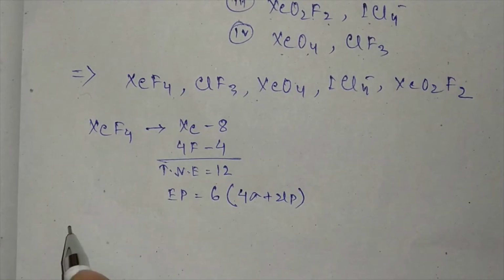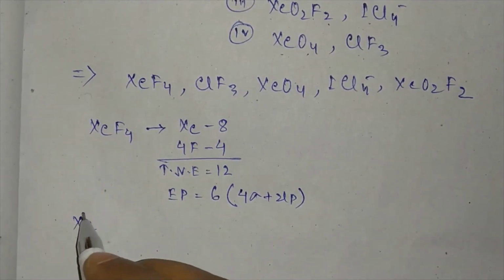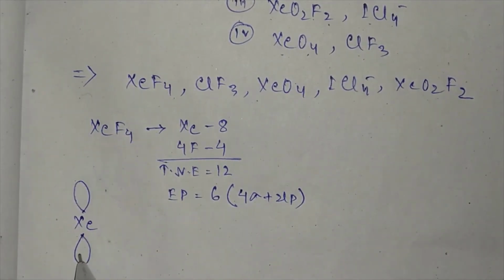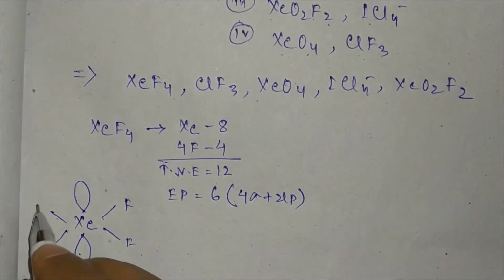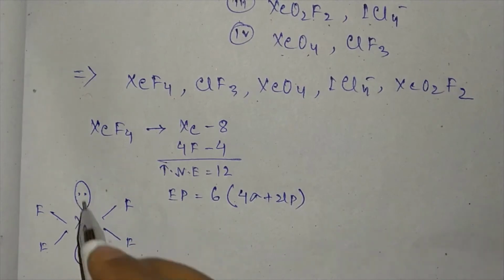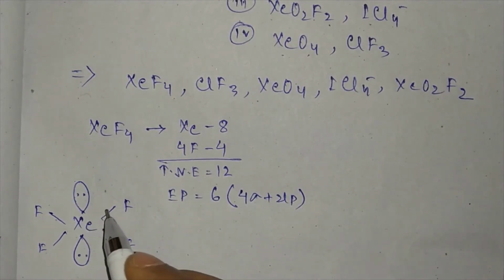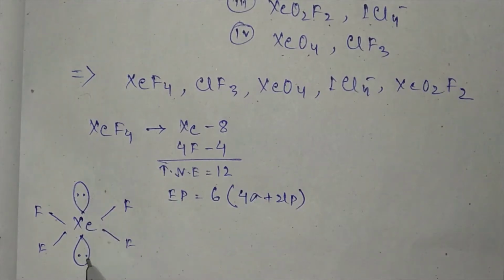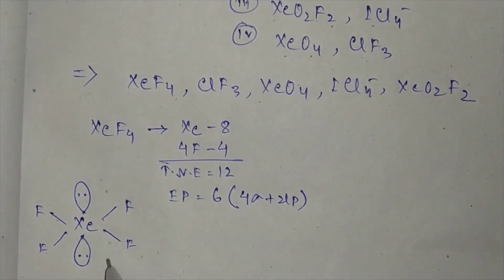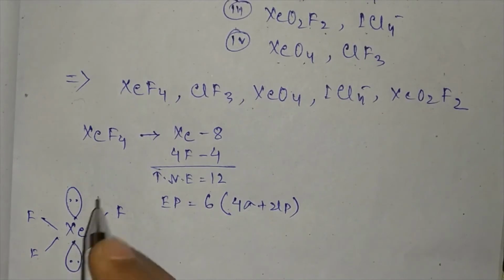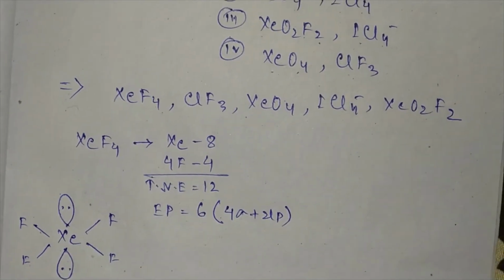So if we draw the geometry, Xe with F F F F, these two lone pairs will be mutually in anti position to reduce the repulsion between lone pairs. Now this compound has 2 lone pairs of electrons.